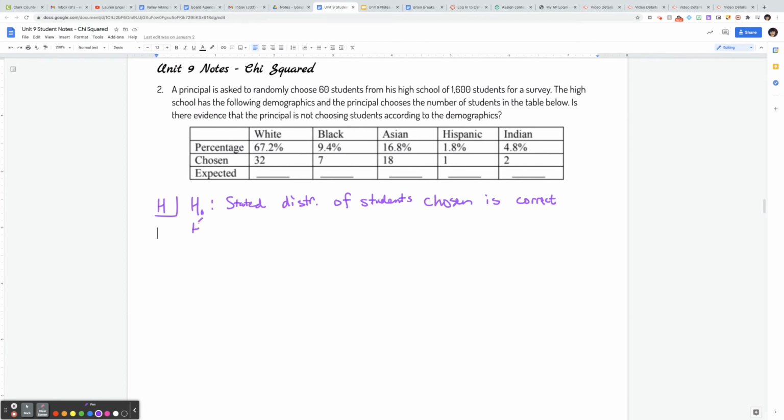Okay, for your alternative hypothesis, you would say the stated distribution of students chosen by this principal is incorrect.